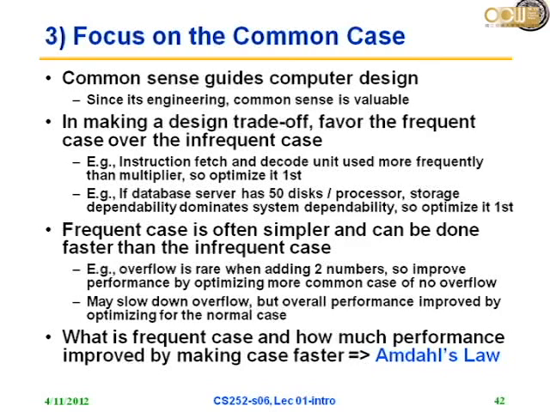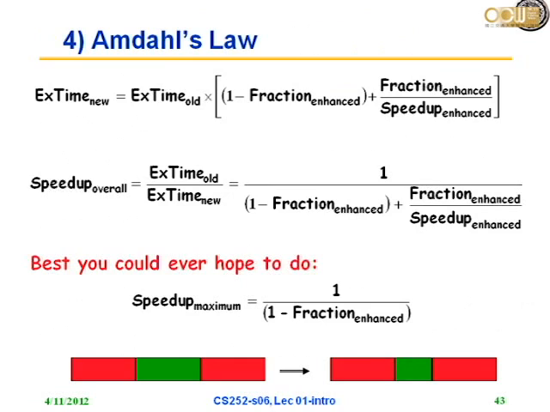Then what is the frequent case and how much is performance improved by making that case fast? That's what Amdahl's law is trying to tell us. So Amdahl's law says, if this is the original total execution time, and if the green portion is the portion that you intend to improve, then after the improvement, the sizes of the red portions will not change.